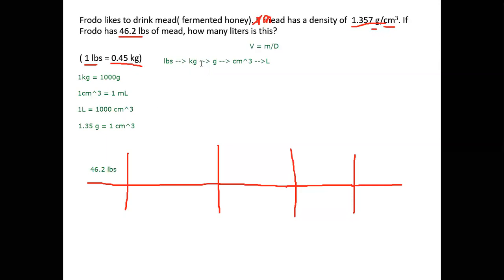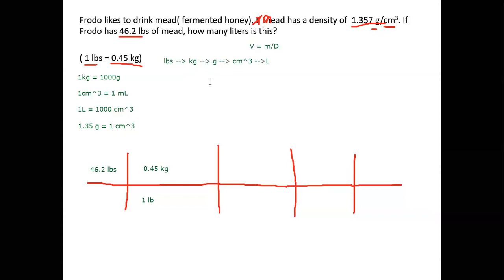Now we want to convert to kilograms, so since we're starting with pounds, pound goes on the bottom in our first empty train track, and kilogram goes on top. So that's the first step, convert to kilograms.